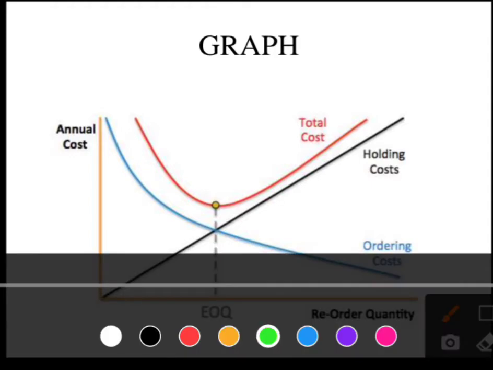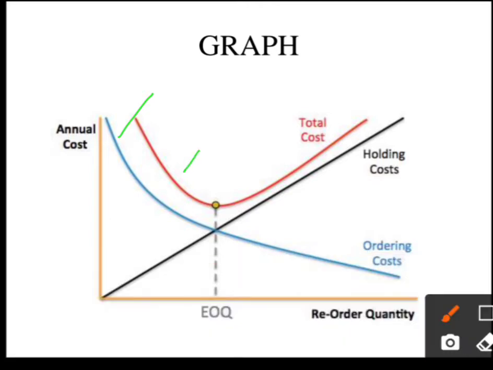This is the ordering cost, and this is the total cost involved, in red. The total cost is the ordering cost plus the holding cost.